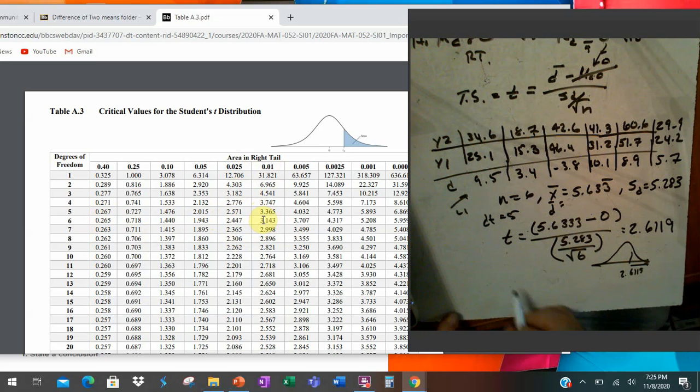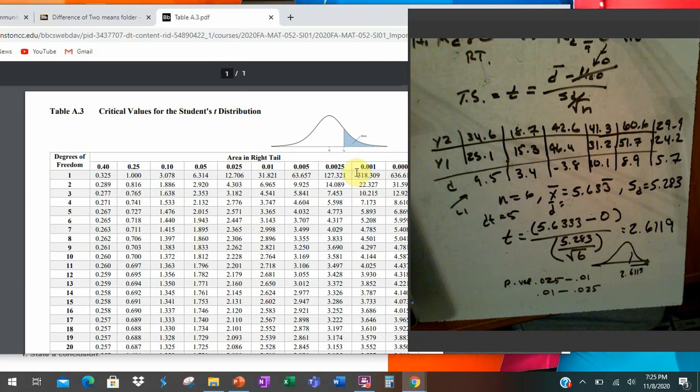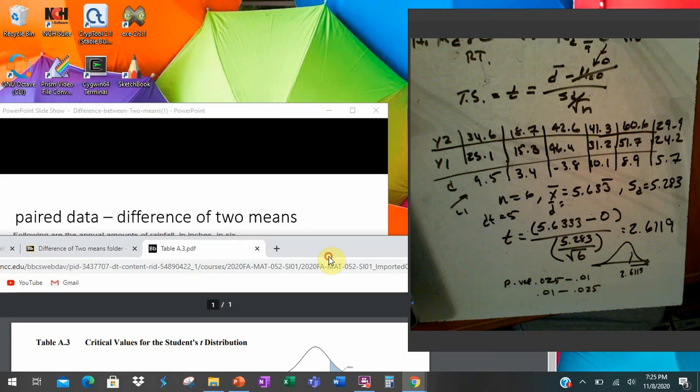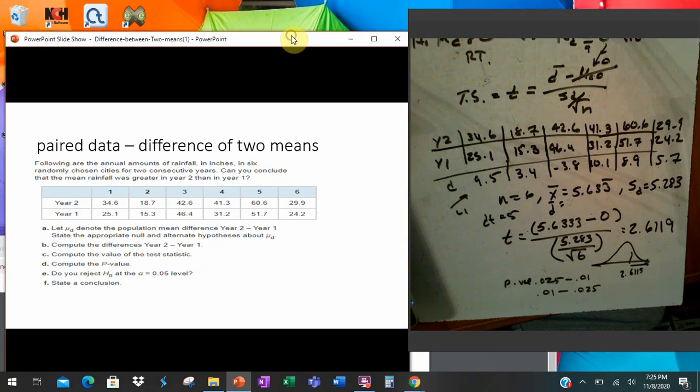So the P value is between 0.025 and 0.01. That's my p-value, somewhere between there, and I'm going to assume that it is less than here. But we're testing, so that's the best we could do with the table, and it's asking for a conclusion at alpha.